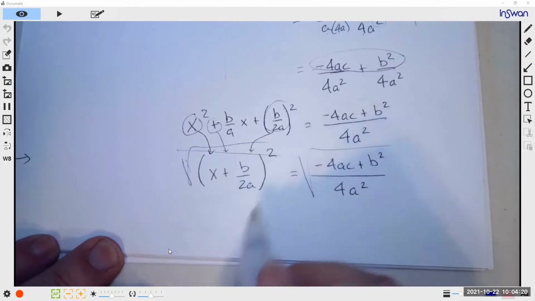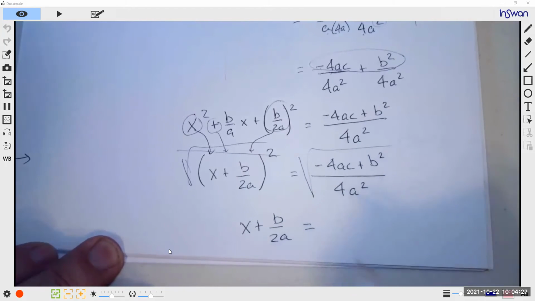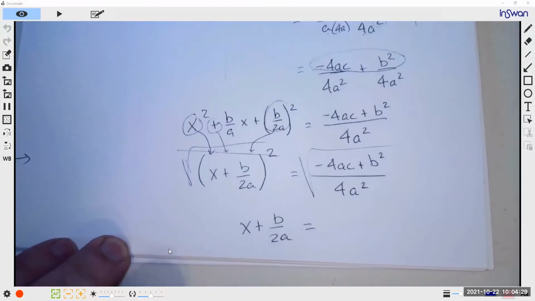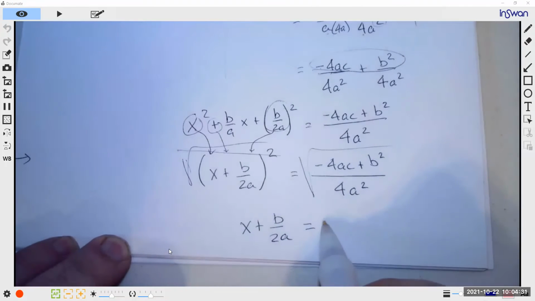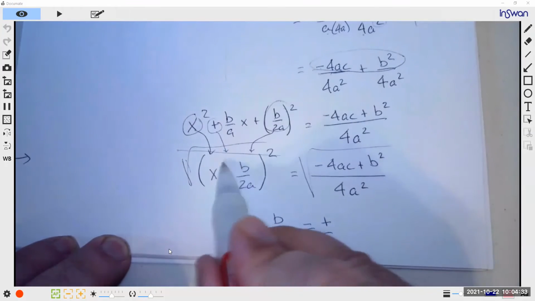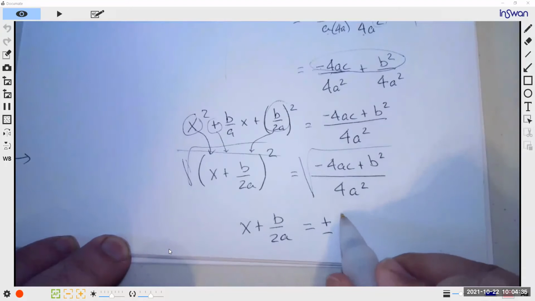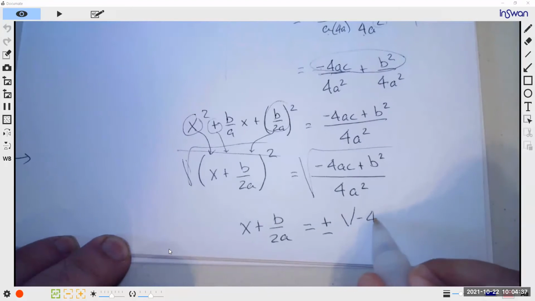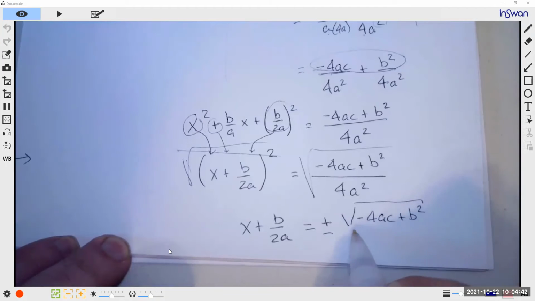The square root and the square cancel. This has become a plus or minus because we square rooted that side. I'll put this on top and bottom separately.